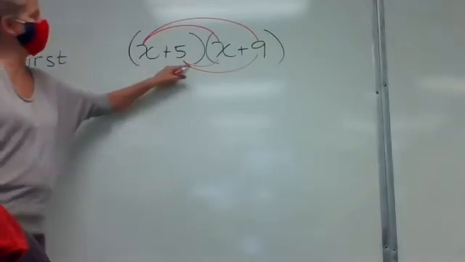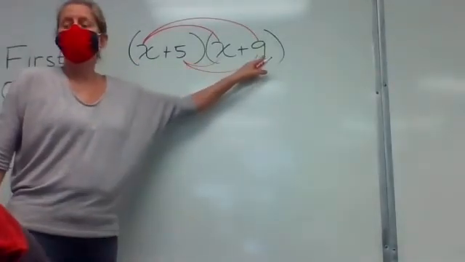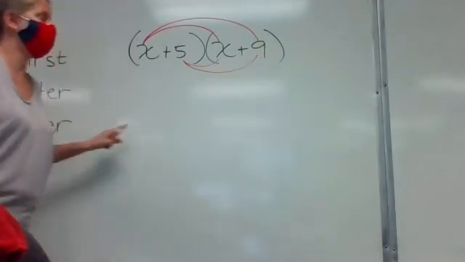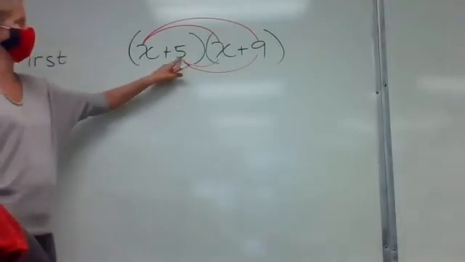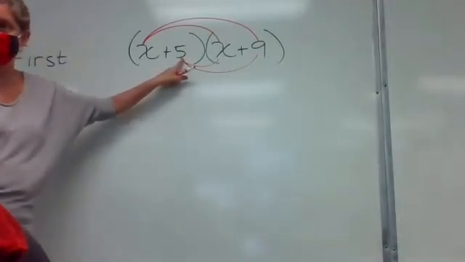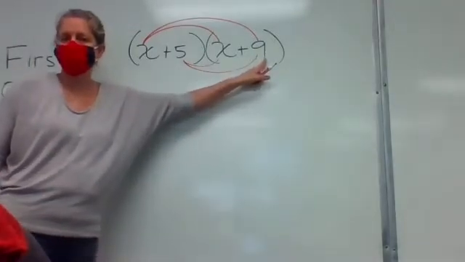So after you distribute the 5 to the x, then what do you distribute the 5 to? The 9. And this L stands for last, and what that means is multiply the last term in this parenthesis times the last term in that parenthesis.